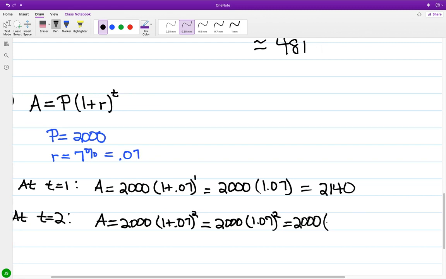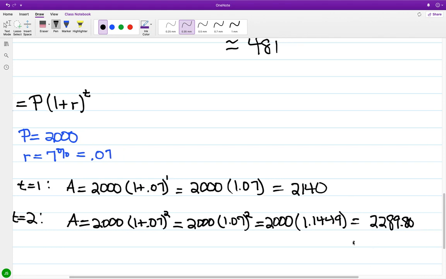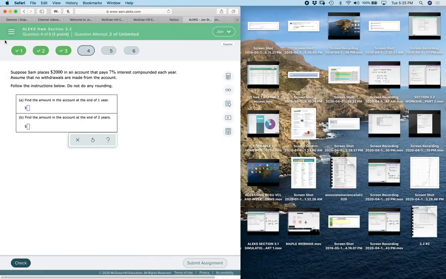And 1.07 raised to the second is 1.1449, and multiplying by 2,000, we have 2289.80. Okay, and to the nearest dollar that would be about $2,290. Okay, so we are just checking what we have for the outputs.